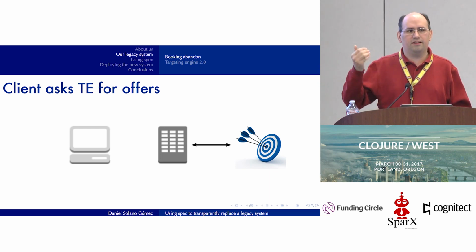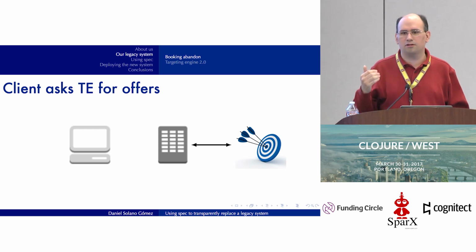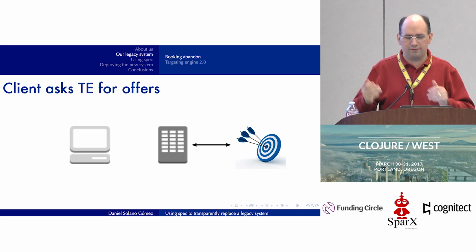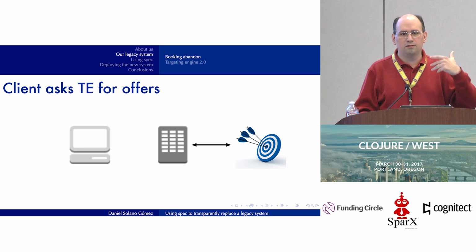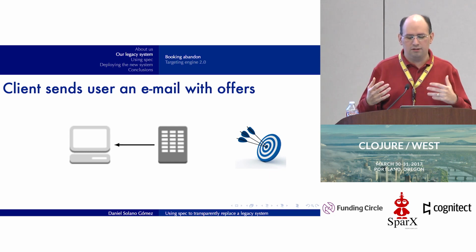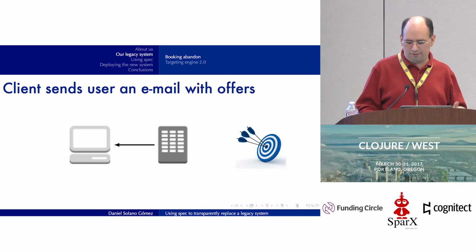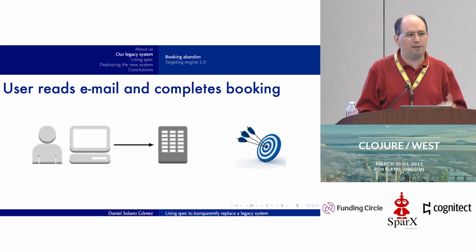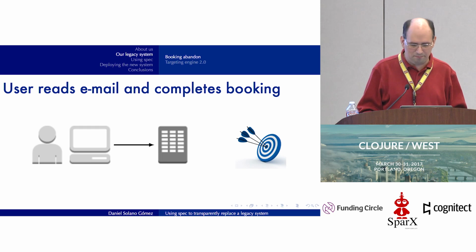So they send us that information about that booking, the user ID and which hotel and which dates if they have that data, and we tell them, well, based on the information you've given us, your customer might be interested in these offers. At which point the client will then create an email that they send to their customer, which will hopefully result in the customer saying, oh yeah, I might be interested in this offer, and they sign up. That may or may not happen.